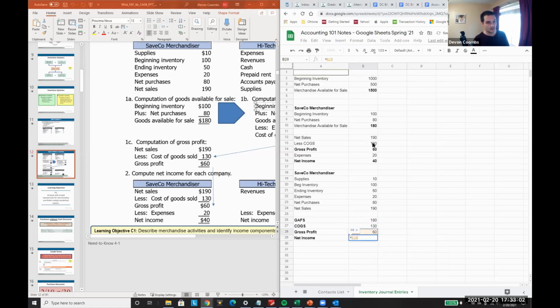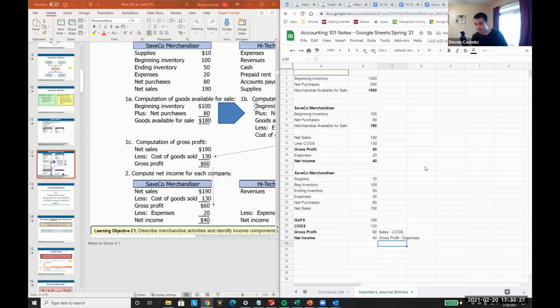So 60, and then our net income is going to be our sales minus our expenses. And so to remember, our gross profit is sales minus our cost of goods sold. So we put that here, sales minus cost of goods sold. And then our net income is going to be our gross profit minus expenses.